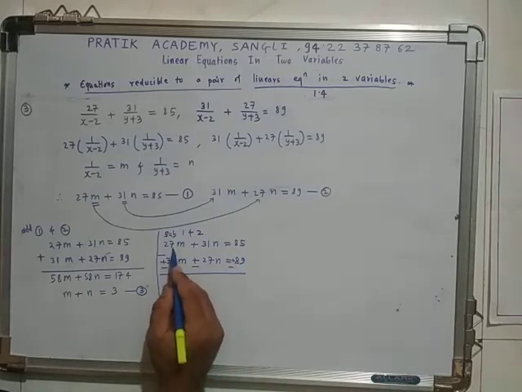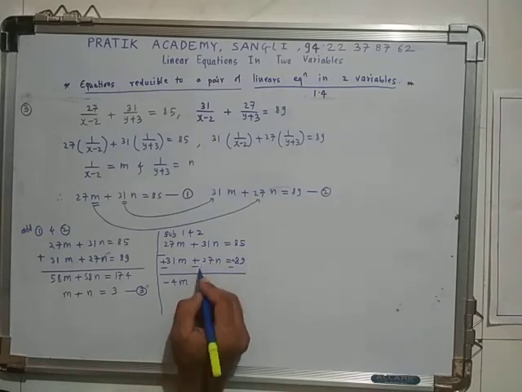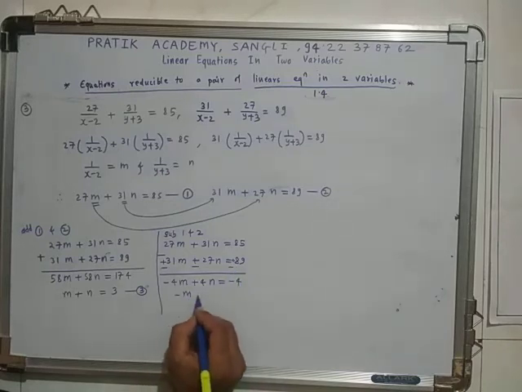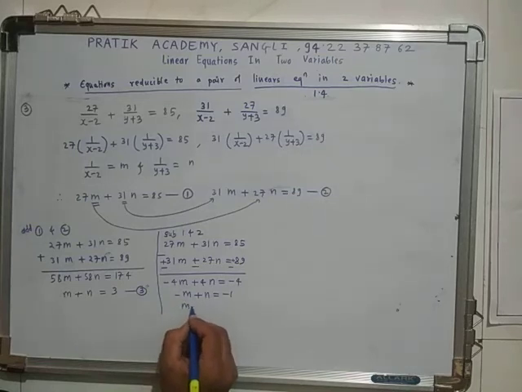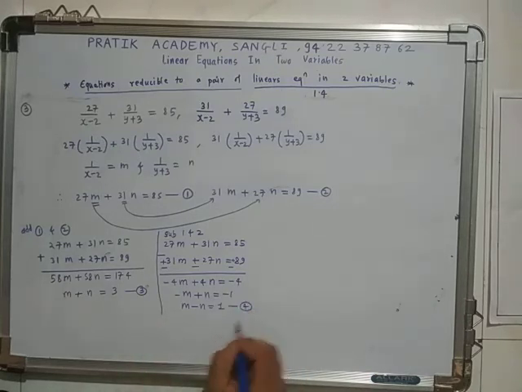So here 27 minus 31 is minus 4m, plus 31 minus 27, that is plus 4n, is equal to minus 4. So minus m plus n is equal to minus 1. After dividing by 4 on both sides, that is m minus n is equal to 1. Okay, minus sign, we changed by multiplying with minus 1 on both sides. So this is our equation number 4.